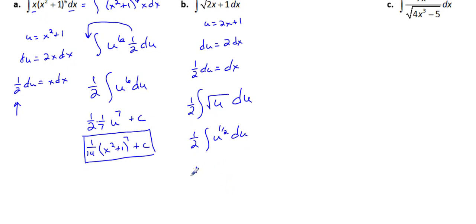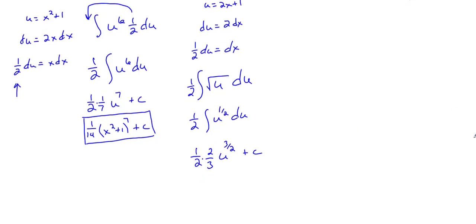All right, antiderivative then. u to the 3/2 multiplied by the reciprocal plus C. All right, would that be 2 over 6, or you can cancel your 2's? This?